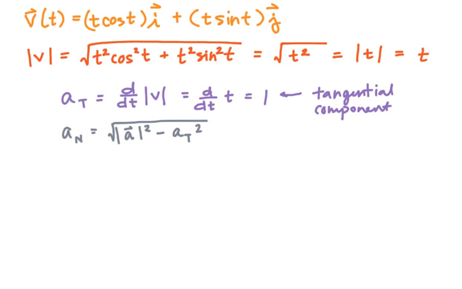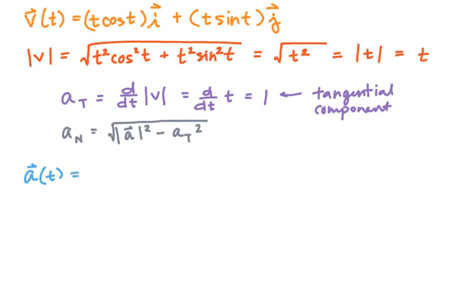So acceleration, that should be pretty easy for me to find. That's the derivative of velocity. So I'll find this a piece. I have to do the derivative of each of these components we have up here. And again, we're going to use the product rule.